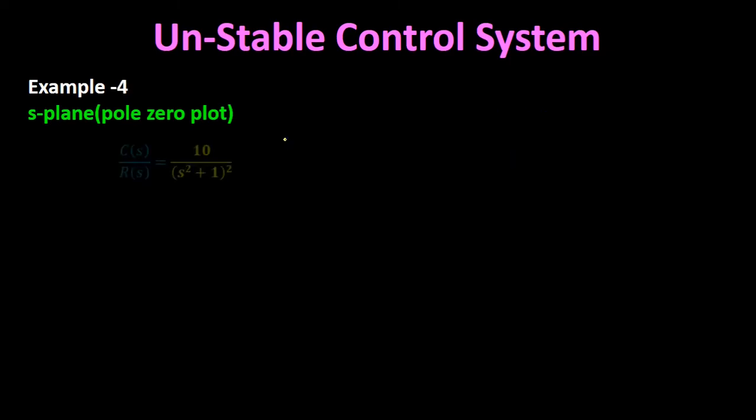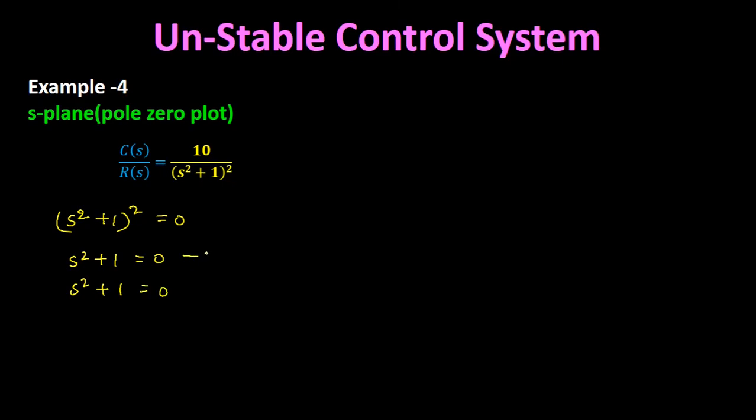And the last example is C(s)/R(s) is equal to 10 divided by (s square plus 1) whole square. To find the poles of this transfer function, we have to equate (s square plus 1) whole square to 0. So the first equation will be s square plus 1 is equal to 0, and the second equation will be s square plus 1 is equal to 0.